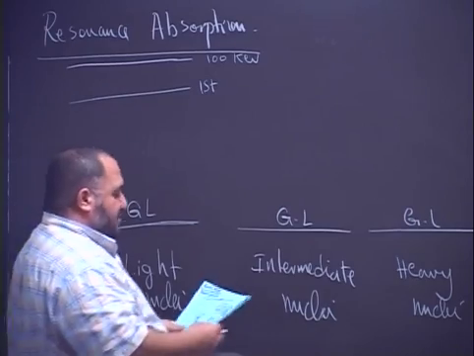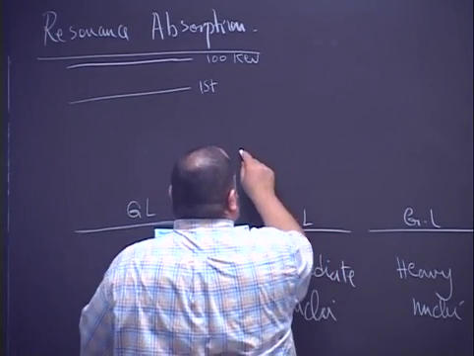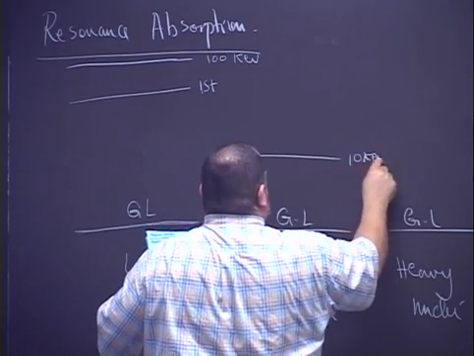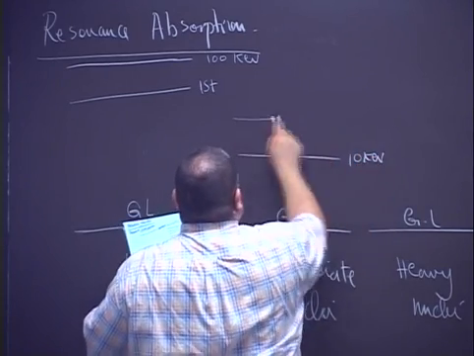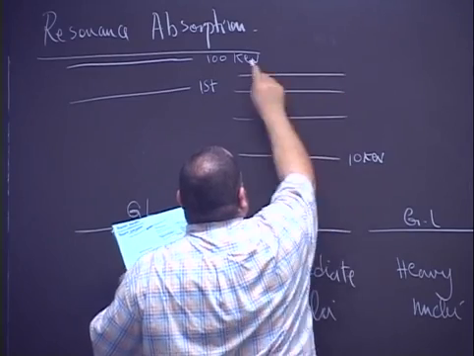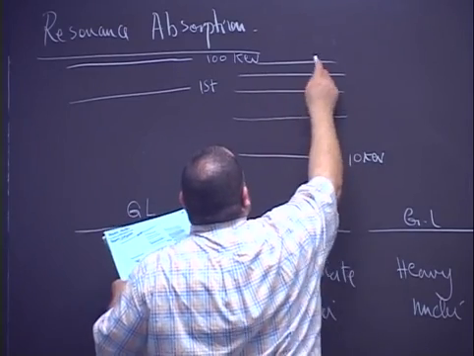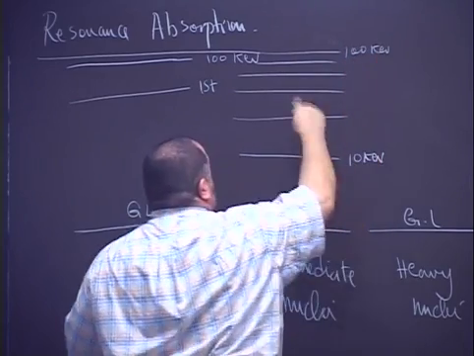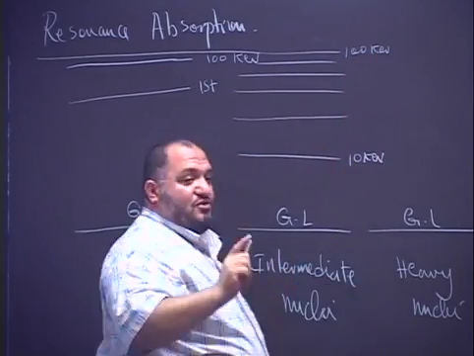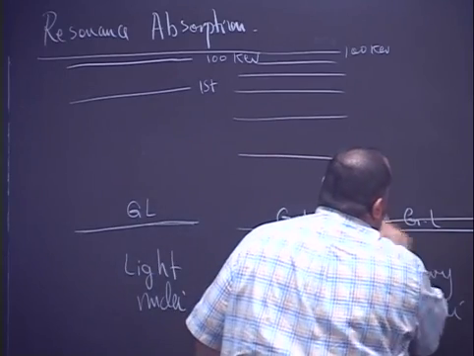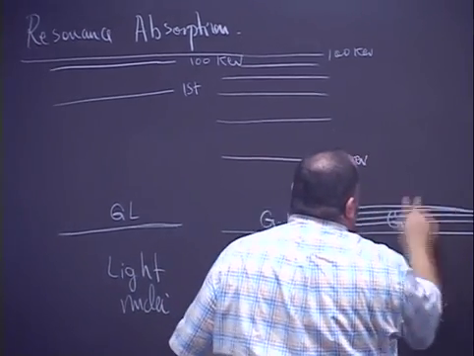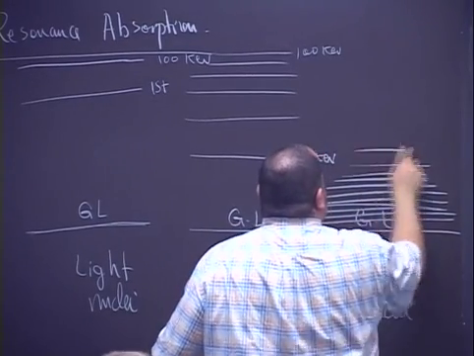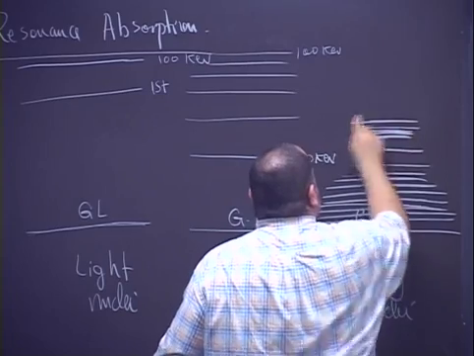If you look at the intermediate ones, you will notice that you have something like 10 kilo electron volt, and then you have more of those, and this is the 100 kilo electron volt, more of those. If you look at the heavy nuclei, you will notice that the energy levels are very near to each other, they start at very low energy, and they are very, very condensed.